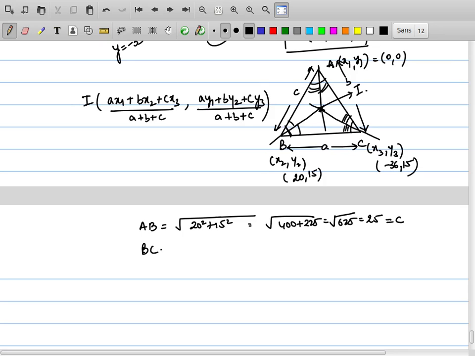Similarly, the BC length is 20 minus minus 36, which means plus 36, and 15 minus 15, which is 0. Therefore this is 56. Now this is a.